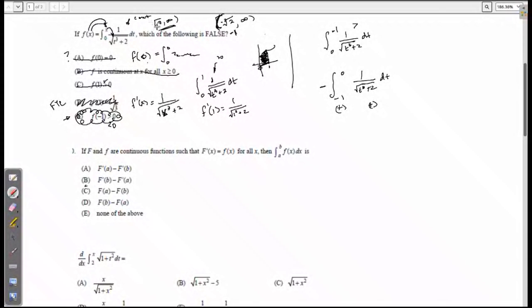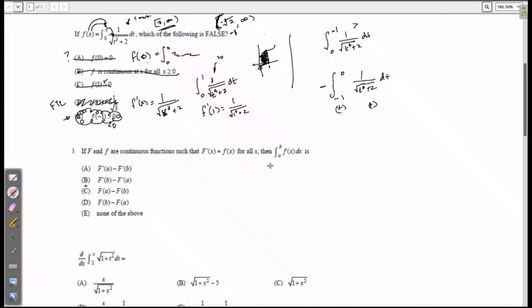Problem 4 says if capital F and f are continuous functions such that the derivative of capital F is lowercase f, then the integral from a to b of f of x is, keep in mind that this is really saying what's the area under the curve.